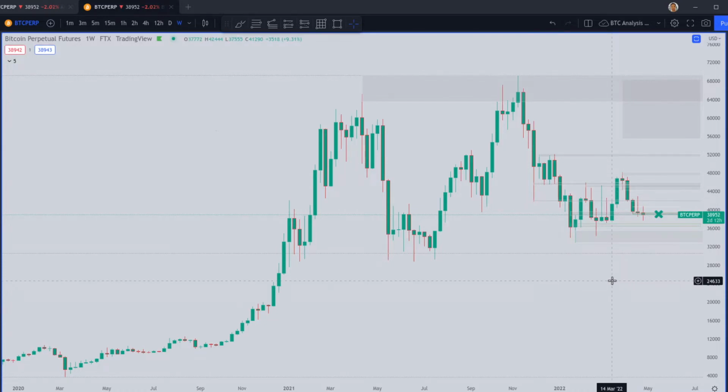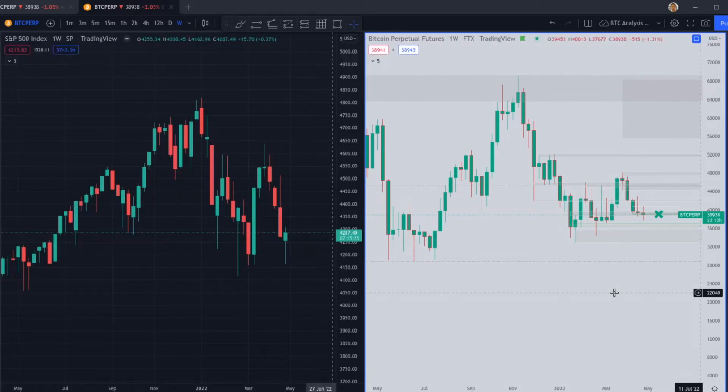One more thing I want to point out in this video is, if you are trading crypto or you are familiar with the stock market, I will show you this. On the left side, this is the S&P 500, an index of the stock market in the United States. And then this is Bitcoin price.